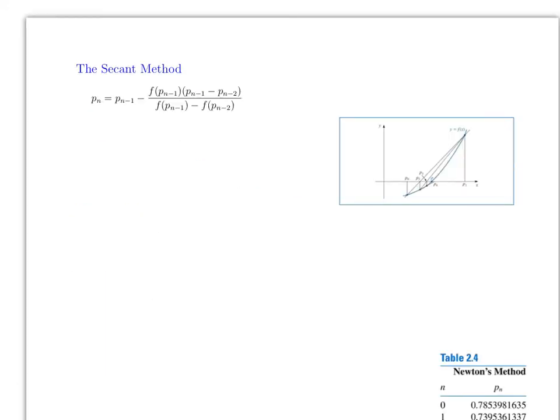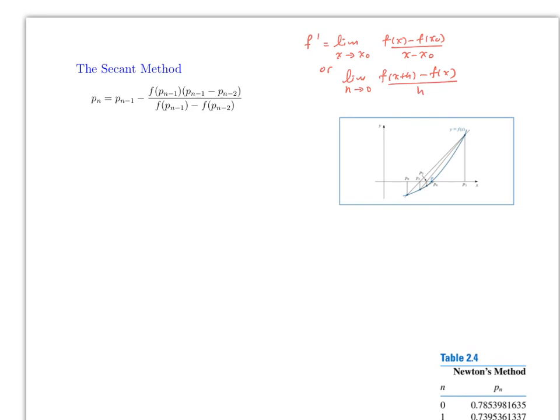Now, before we look at the secant method, just recall from calculus. Remember, by definition, f prime is the limit as x approaches x0 of f of x minus f of x0 divided by x minus x0, or the limit as h goes to 0 of f of x plus h minus f of x divided by h.